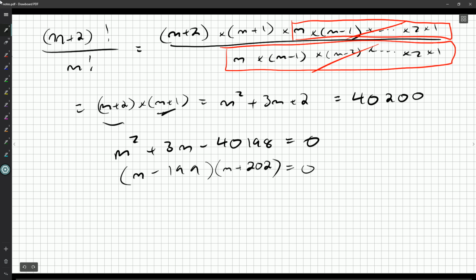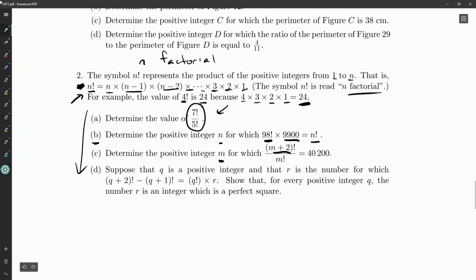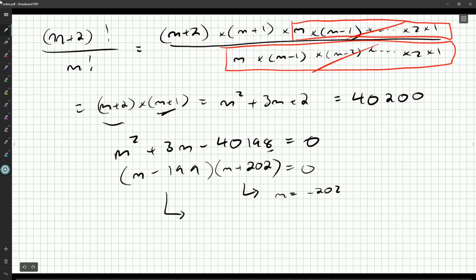Those two differ by 3, and the 2 and the 9 give me an 8 there. So yeah, that should work. And again, quadratic formula, you can prove it. So either m is negative 202, which is not going to work because we've got to have positive integers, and we specifically were told positive integer m, so we must have m is 199.